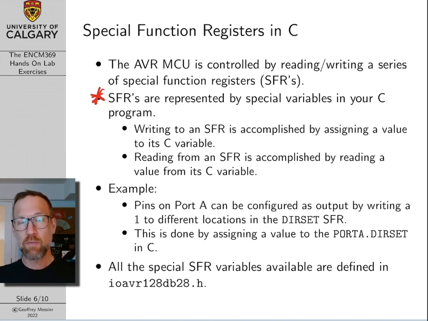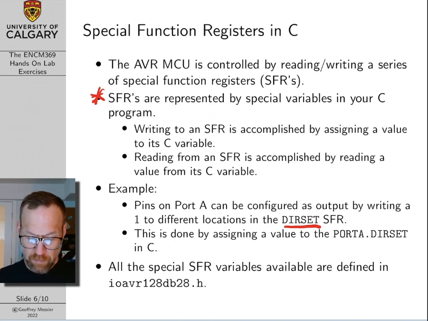And you do that by writing a 1 or a 0 to a special register. So you write a 1 to a particular register called the DIRSET special function register if you want to use a particular pin as an output. And there's going to be a variable in the C function called DIRSET that you just copy a number to, and that's going to configure the functionality of the chip.